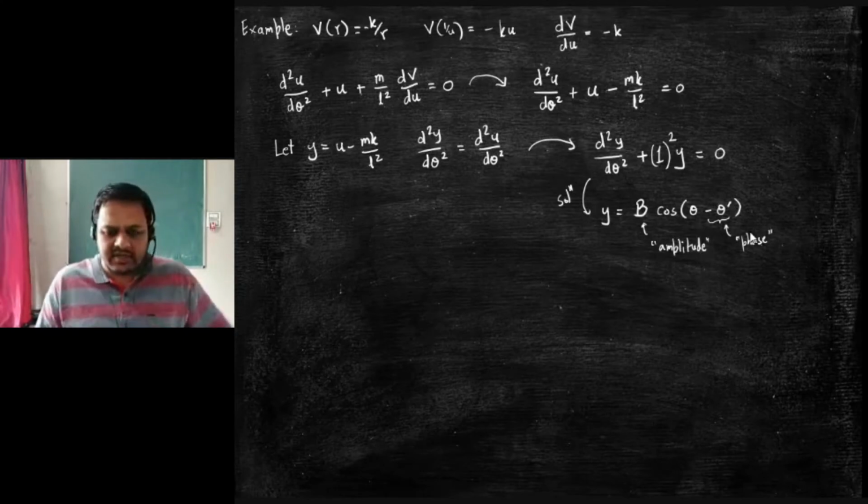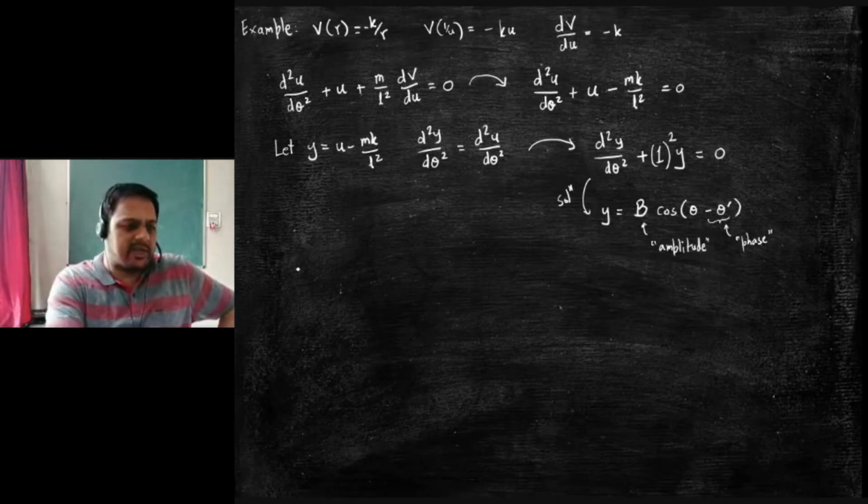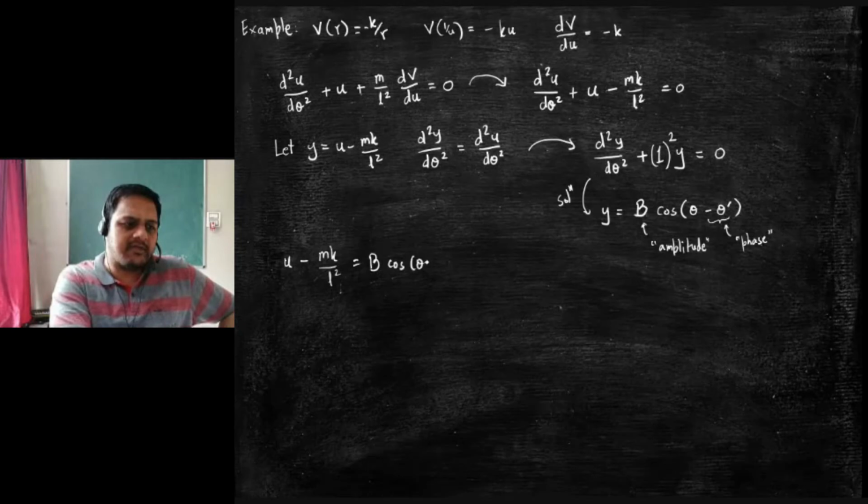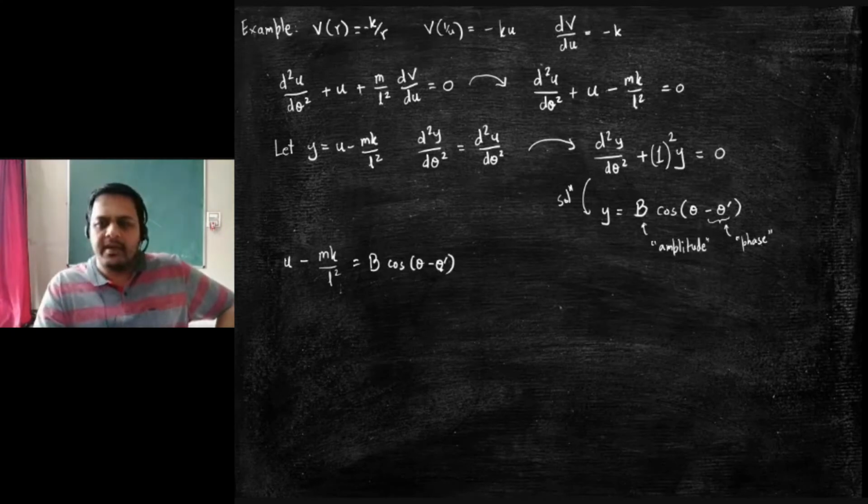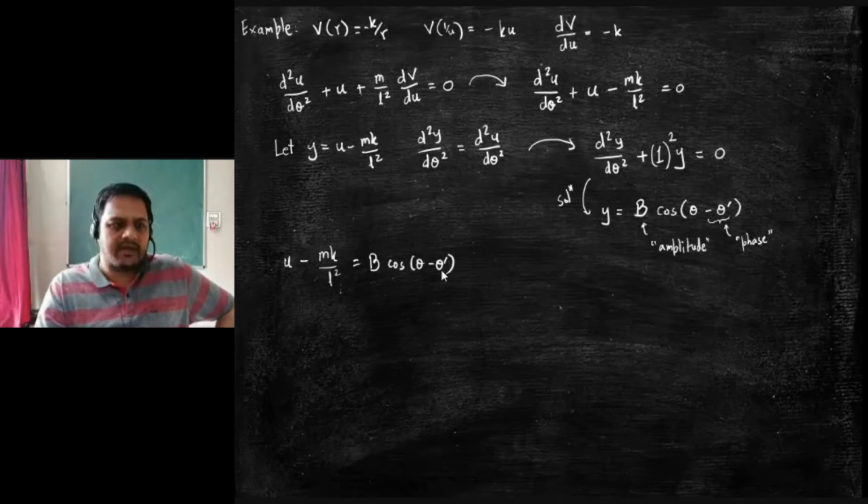What does this mean in our usual scheme of things? This means that u minus mk by L square is some constant times cos of theta minus theta prime, where the constants b and theta prime are determined from the boundary conditions of the problem. They are constants of integration.